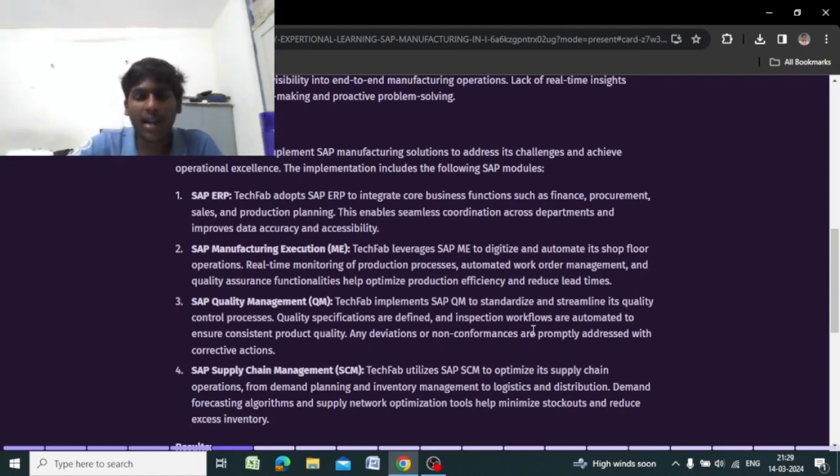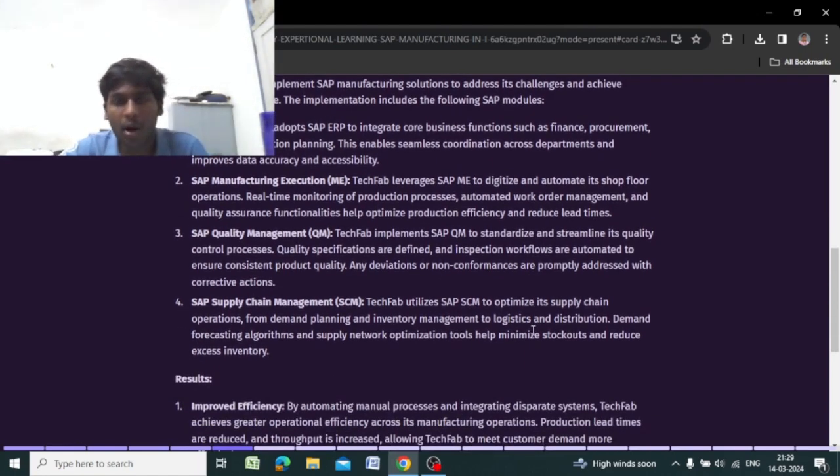And supply chain management is managing the company's supply chain, which will help in logistics and distribution, demand forecasting, and visualization, reducing excess. So the reduction of inventories will help in growth of the company.